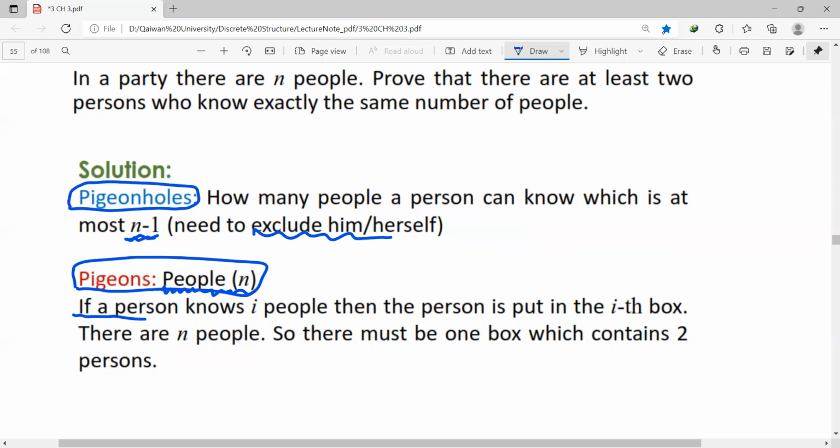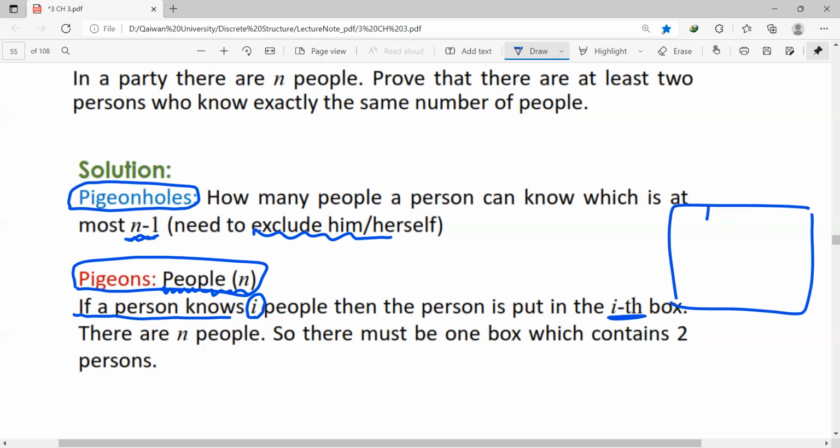We say if a person knows I people, then the person is put into the I box. Just imagine the pigeonholes.